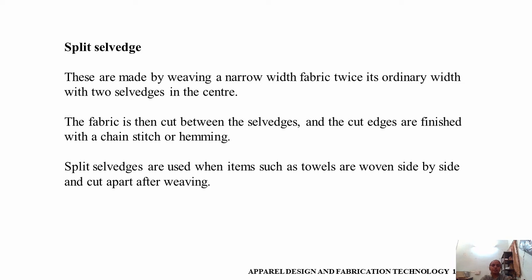Split selvages are used when items such as towels are woven side by side and cut apart after weaving. So, as the name indicates, splitting is done here.